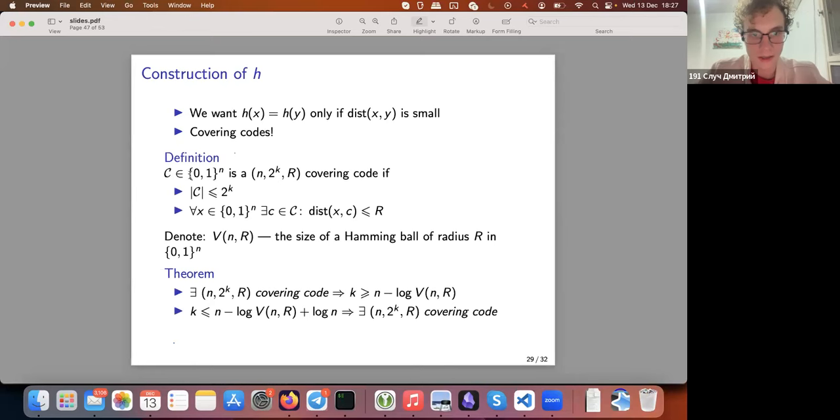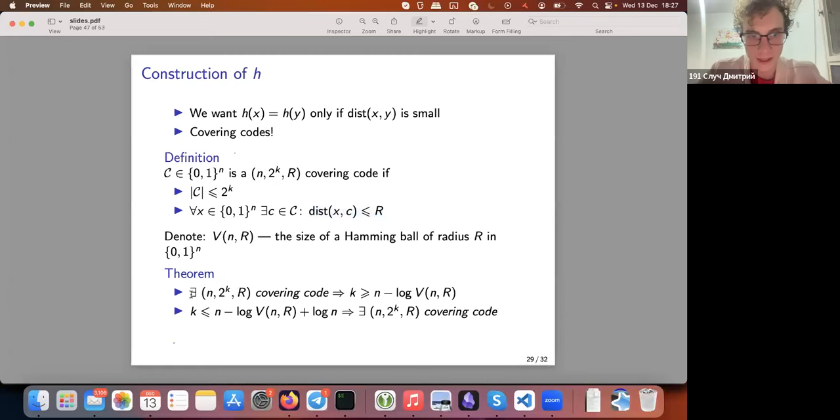A covering code is a set of Boolean strings such that for some R, the distance from any Boolean string to some string inside the code doesn't exceed R. So we can draw balls of radius R over each string C, and these balls will cover the whole Boolean cube.